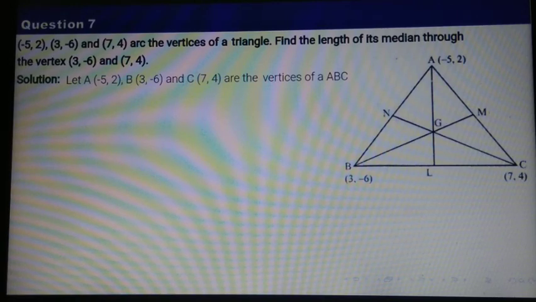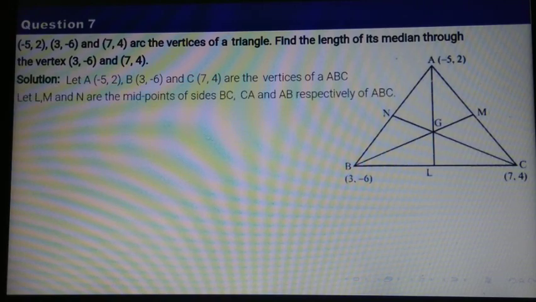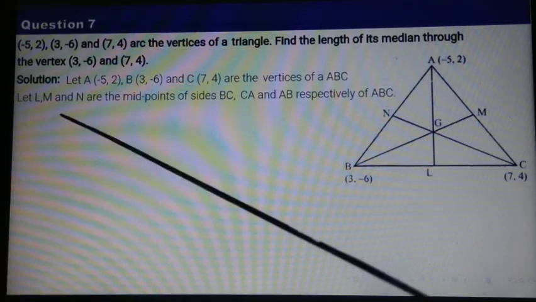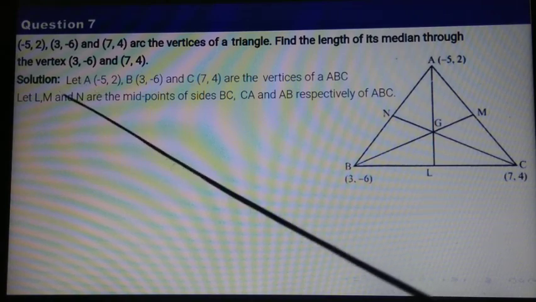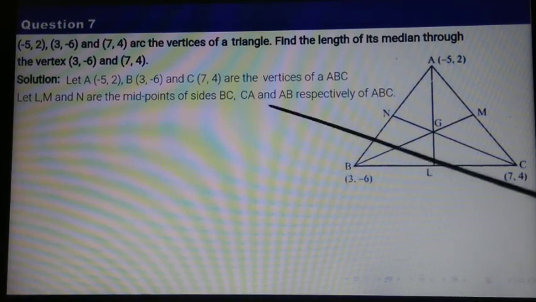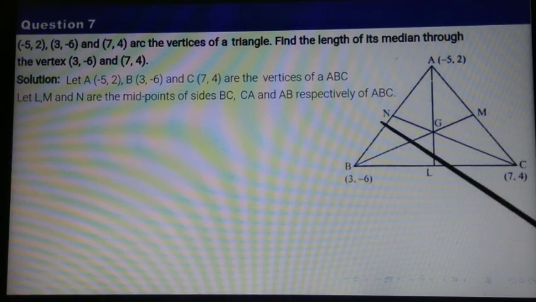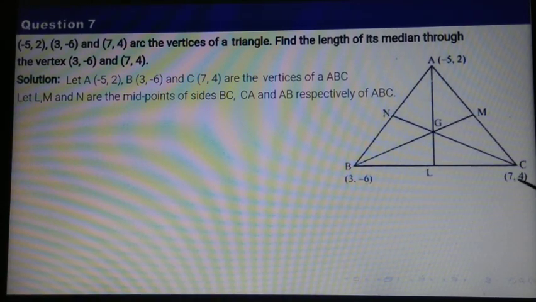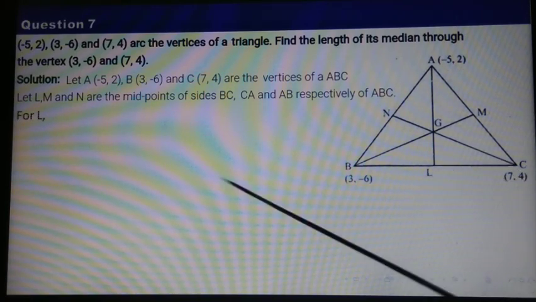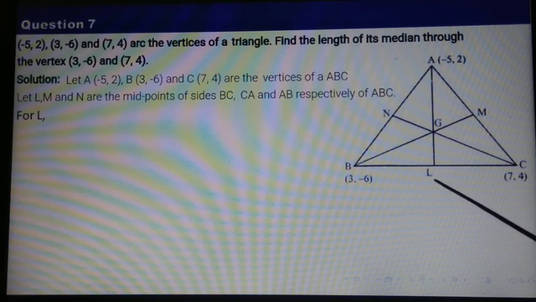So as usual, I am naming the vertices to be A, B and C, right? Okay. Now, as I said earlier, L is the midpoint of BC, M is the midpoint of CA and N is the midpoint of AB. Fine. So let us calculate the coordinates of L, M and N, because we already know the coordinates of the vertices. Okay, so let's begin. So for L, this is my x1, y1, this is my x2, y2.